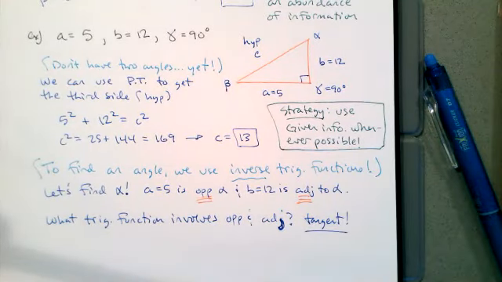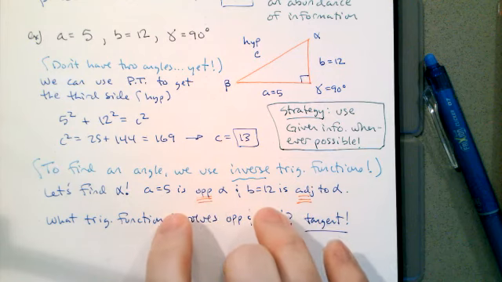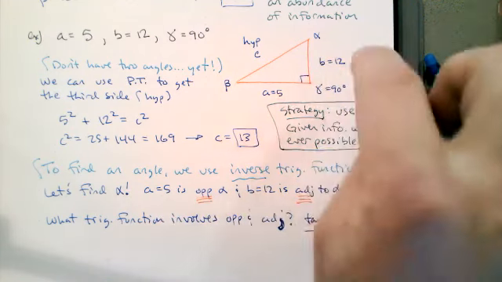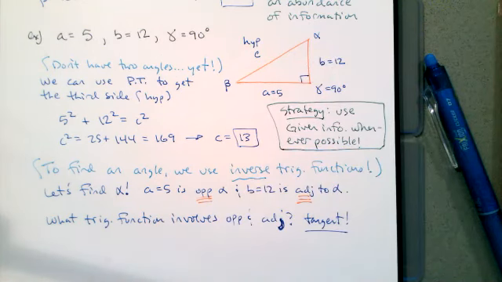Lean into your given information. That's why I picked the 5 and 12, because those are the ones that were given to me. I know that those values are exactly correct. I know that the 13 is exactly correct because if building a right triangle, I tend to lean towards Pythagorean triples. But in general, we want to use the given information whenever possible. We were given 5 and 12, and in relation to alpha, that's opposite and adjacent. So I'm going to use tangent.